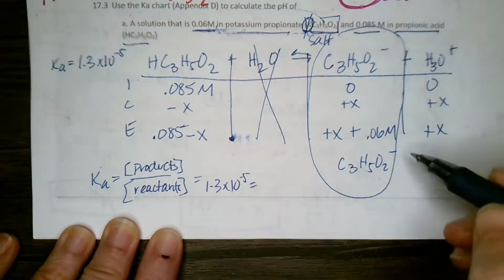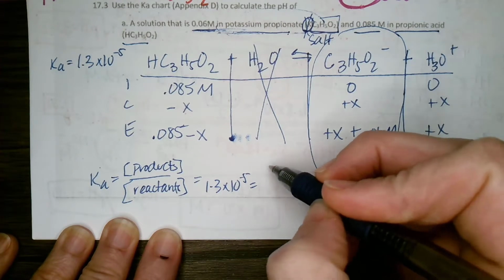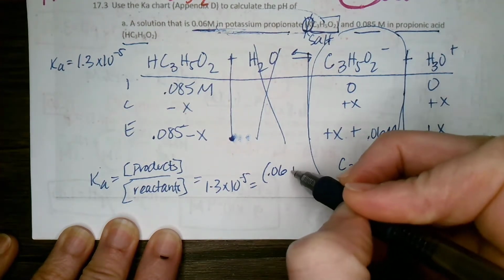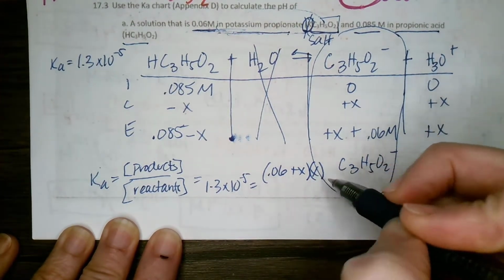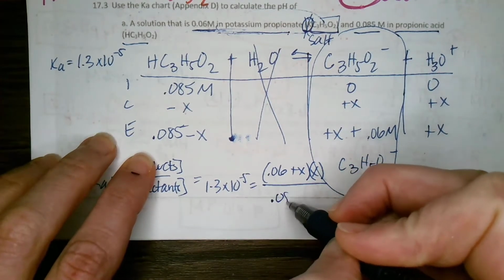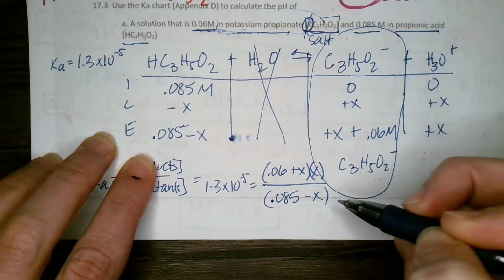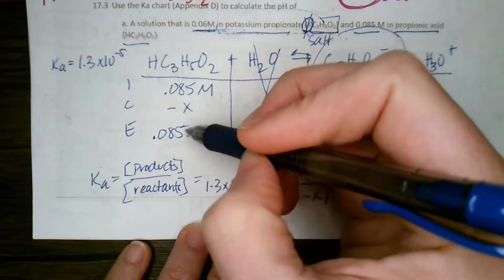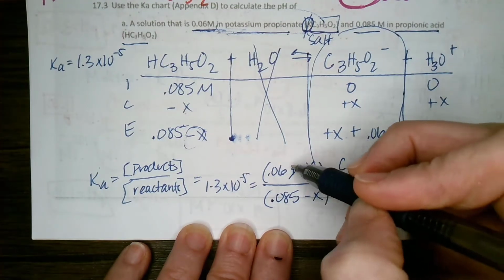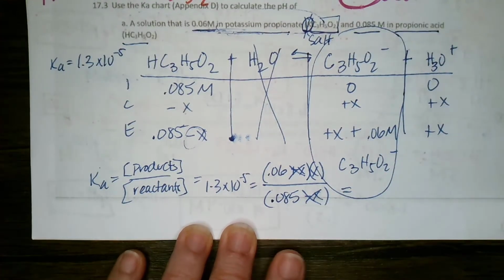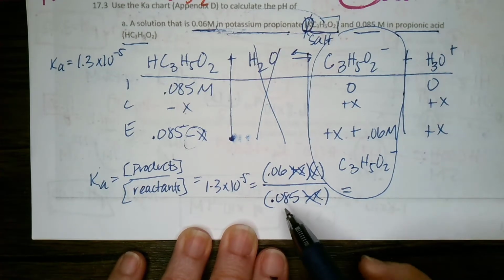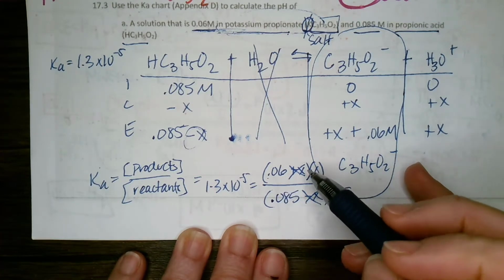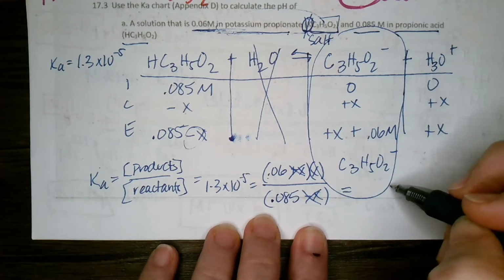So we would have 1.3 times 10 to the negative 5 is equal to 0.06 plus X times X all over 0.085 minus X. And we're assuming that this X is so negligible, this plus X, minus X, that we can just forget about that, it's so little amount compared to the 0.085 and 0.06.